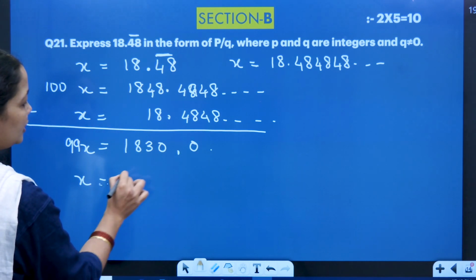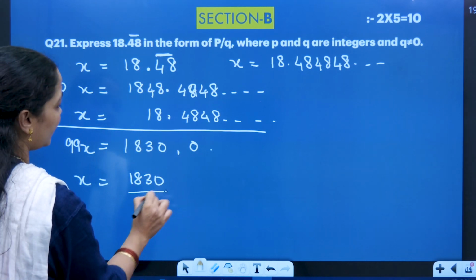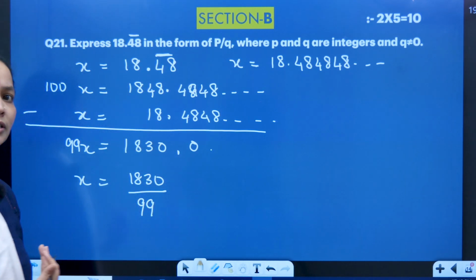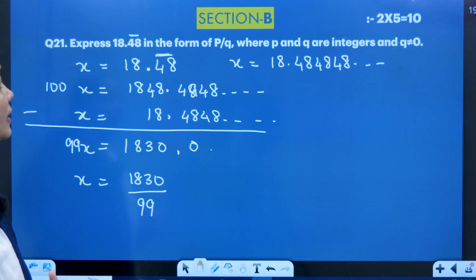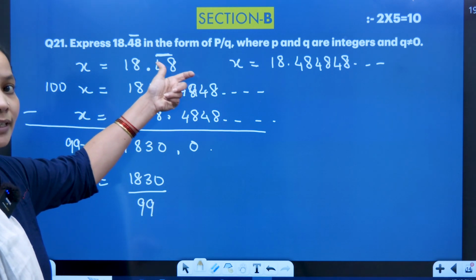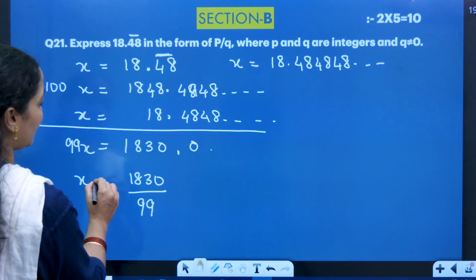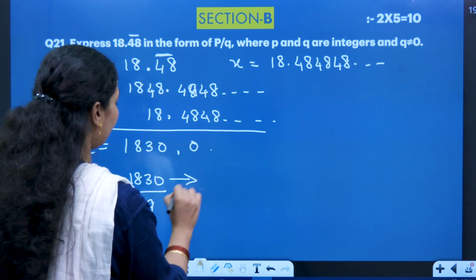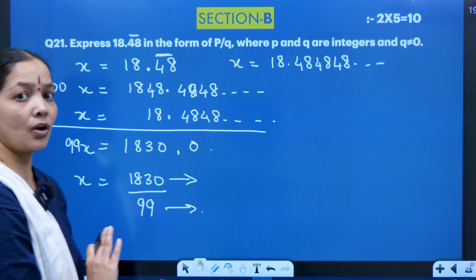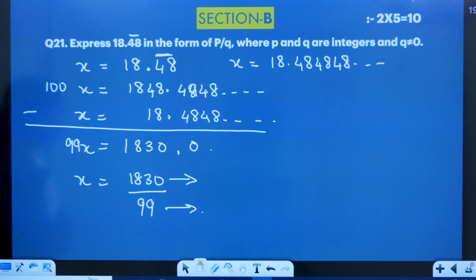So x will be equal to 1830 by 99. You can even further simplify. So we have just taken a non-terminating decimal expansion of 18.48 bar and brought it to p by q form, where my denominator and numerator are not having any decimals here at all.